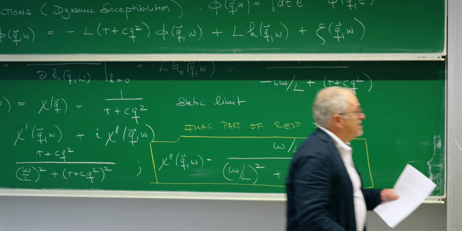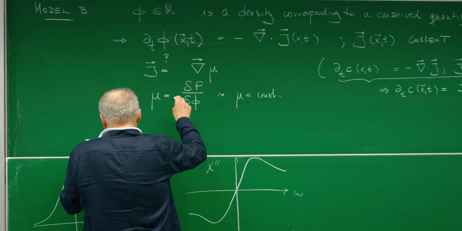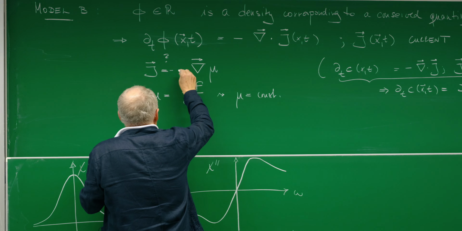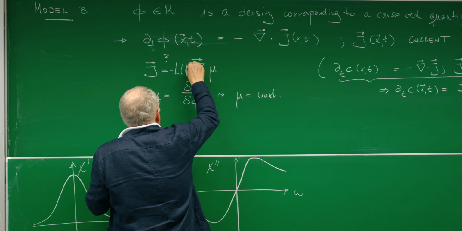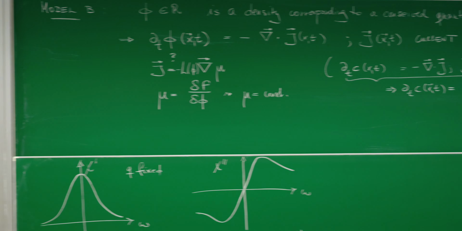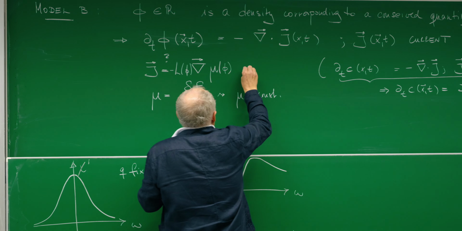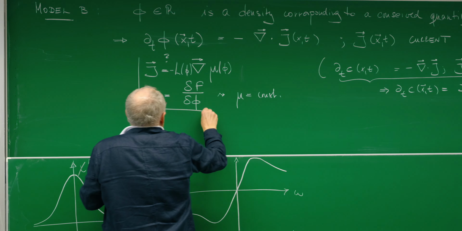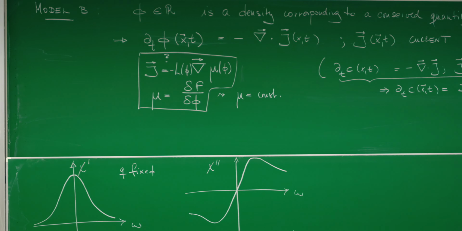So that's the logic. You write this as minus a gradient in a chemical potential, and you write this in terms of an Onsager coefficient, which I make here in general dependent on the field phi. And so is mu, where mu is given by the gradient in the free energy.